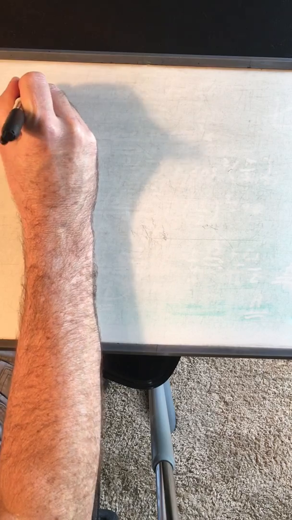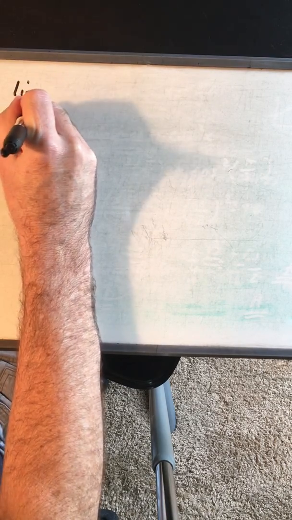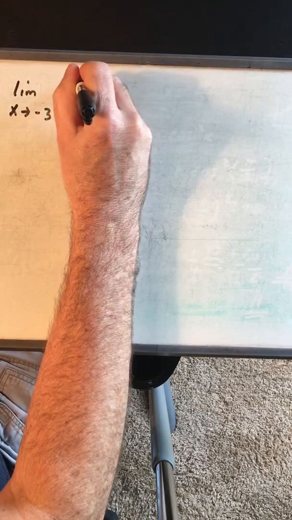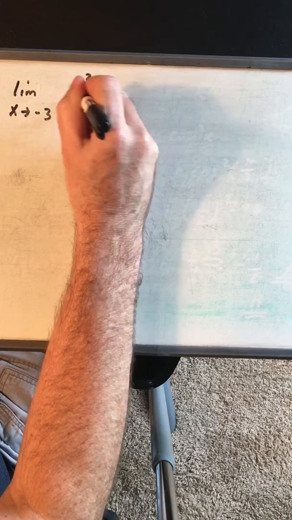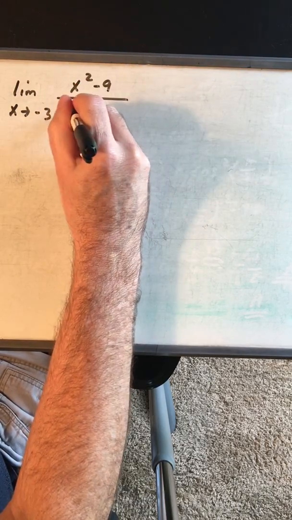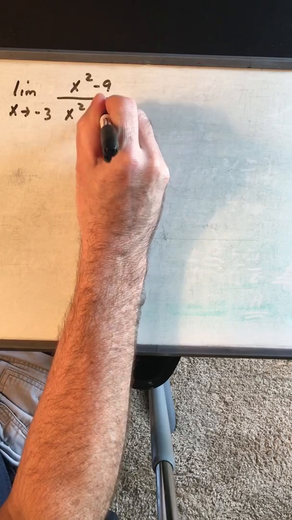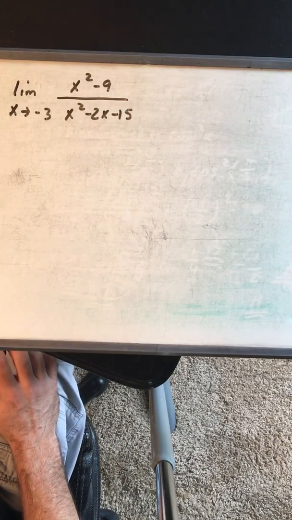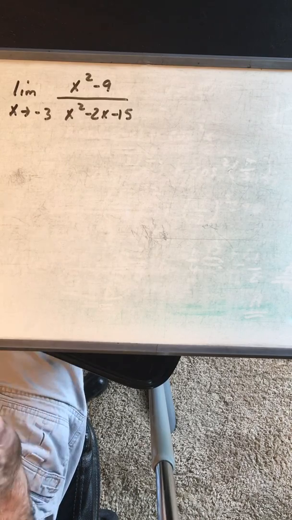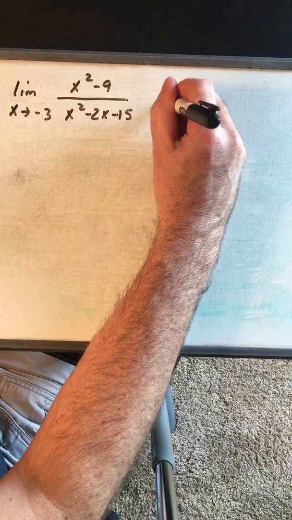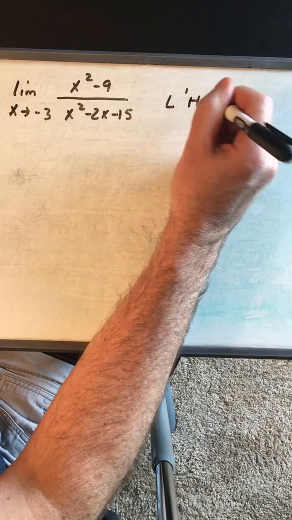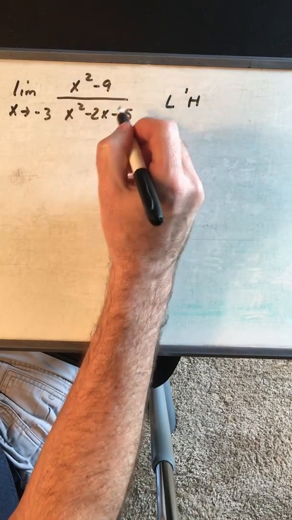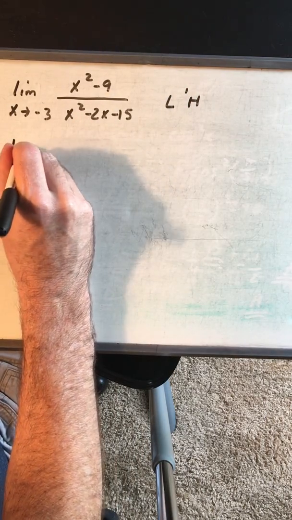Number 11, we have the limit as x approaches negative 3 of x squared minus 9 over x squared minus 2x minus 15. All right, we could factor and cancel, but let's use that new thing we learned, L'Hopital's rule. You take the derivative of the top and the bottom.